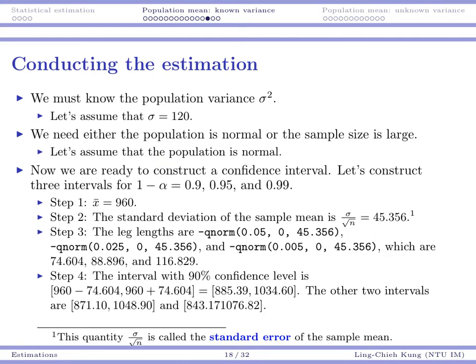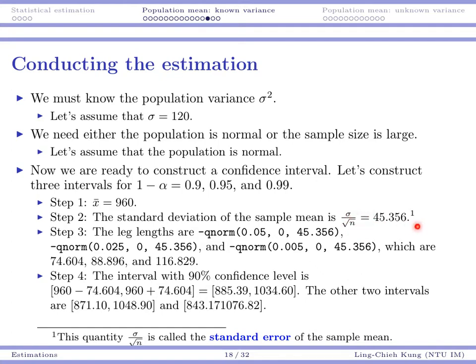Then, given any confidence level, 90%, 95%, or 99%, we go through these steps to find an interval. First, obviously, we calculate the x bar. And then, the standard deviation of the sample mean can be calculated. Sigma is just 120, and the square root of n in this case is square root of 7.